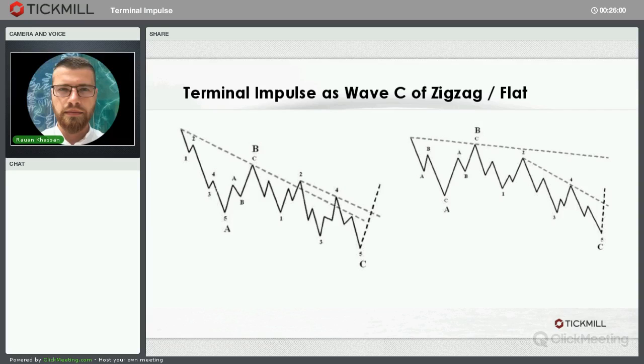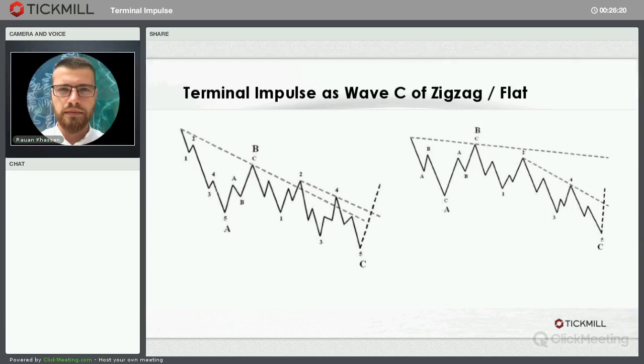So one of the deductions you may use for your trading strategy is trying to trade according to the expected parts of terminal impulse, which you are expecting to see after the signal line 0B is crossed.